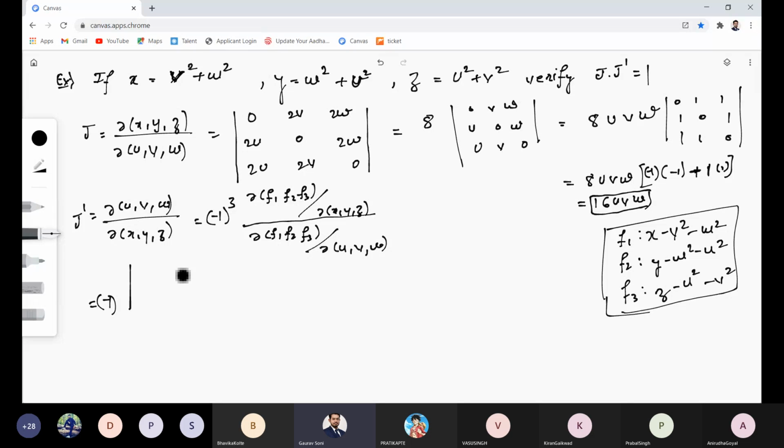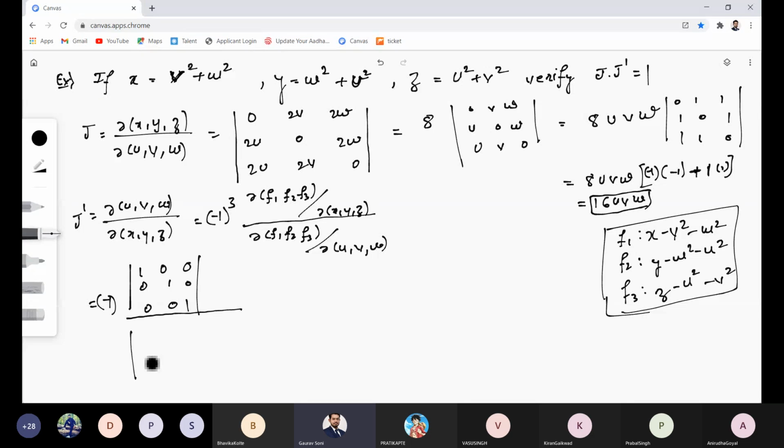So F1 with respect to X 1, F1 with respect to Y 0, with respect to Z 0, 0 1 0, and 0 0 1. This is the numerator.